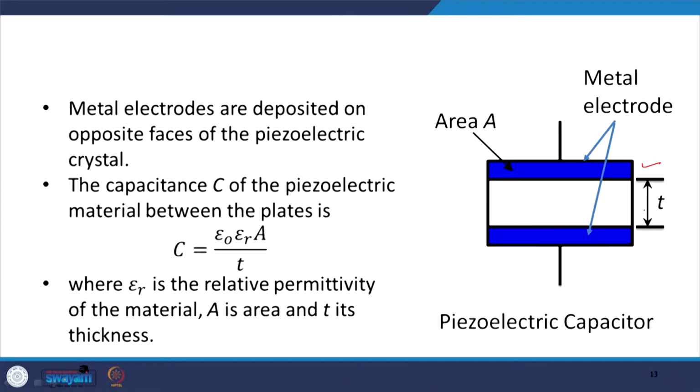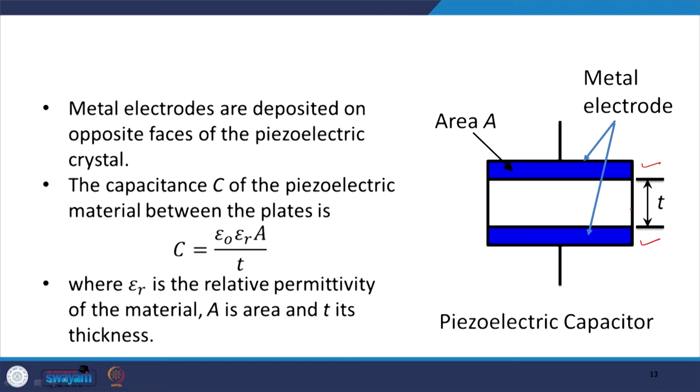Now, metal electrodes can be deposited on the opposite faces of the piezoelectric crystal, as you can see here. On the opposite faces of this piezoelectric crystal, I am putting the metal electrodes.